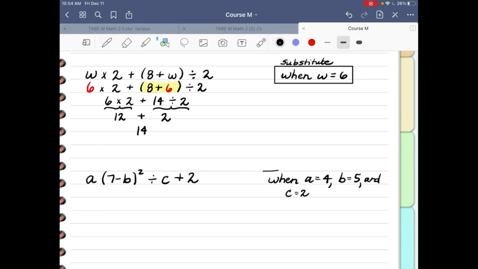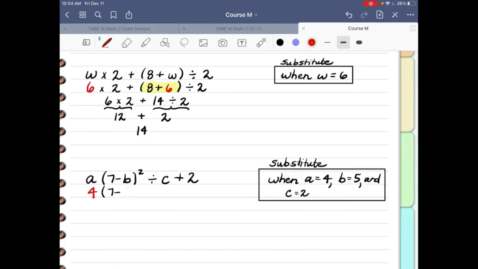So here is my clue that I need to substitute those values. A is 4. B is 5. C is 2.